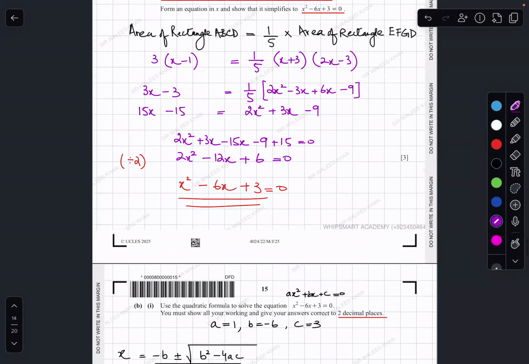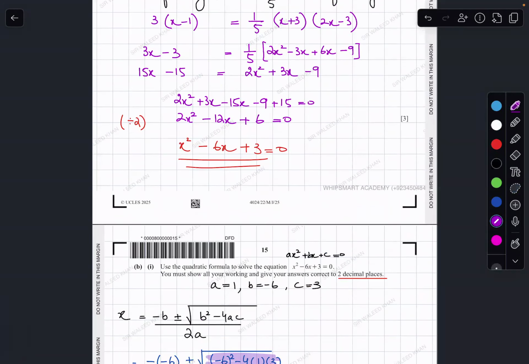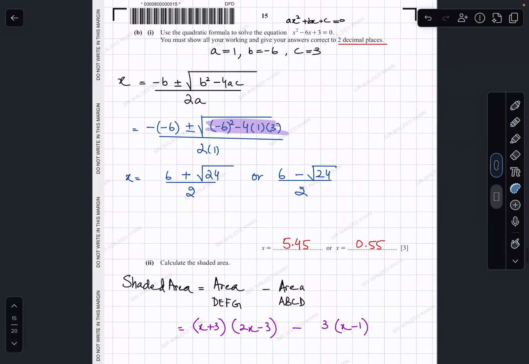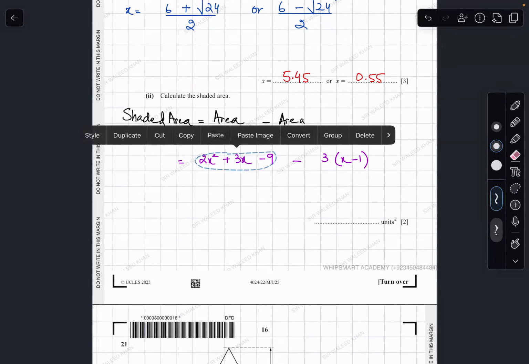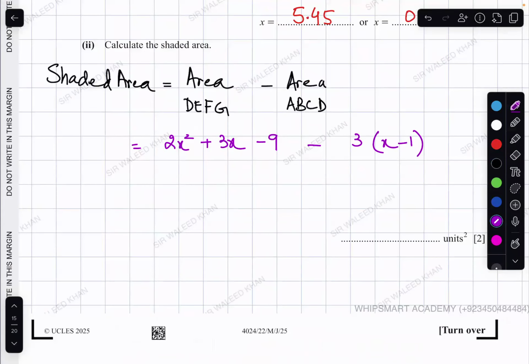We already figured that out, expanded form. So rather than solving again and again, expanded form is already given to us. This will be 3x cubed, 3x minus 9 minus 3x plus 3. So we have 2x squared, and the 3x and 3x cancels out, and we have minus 6.